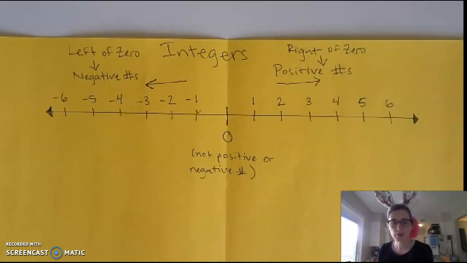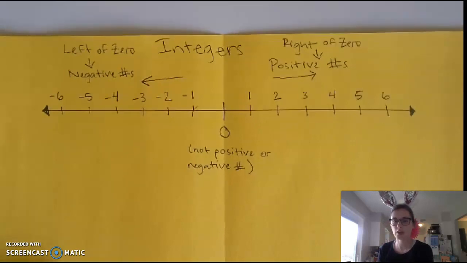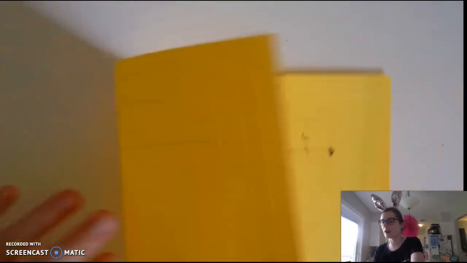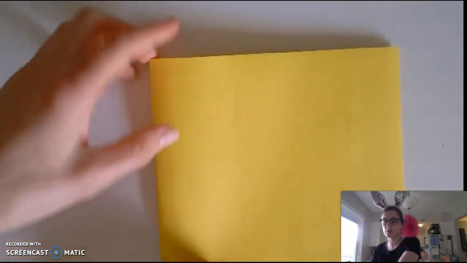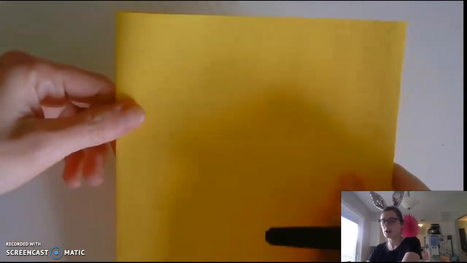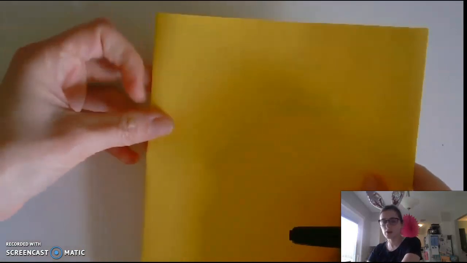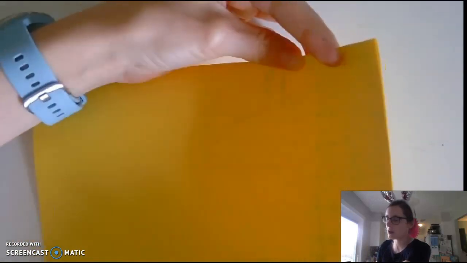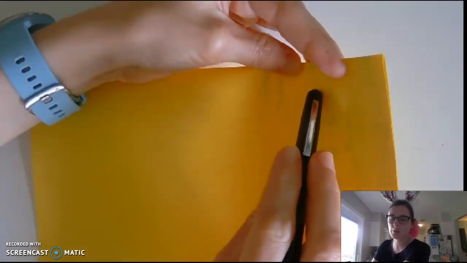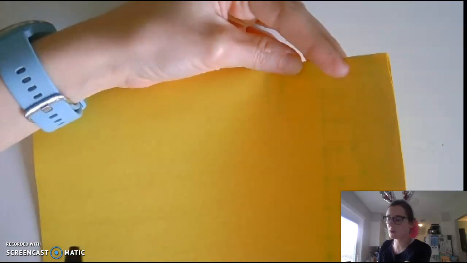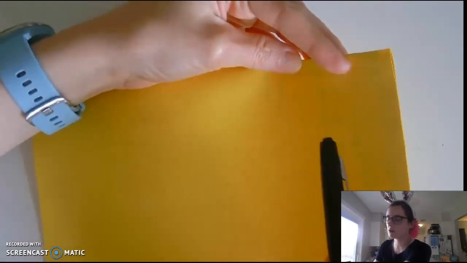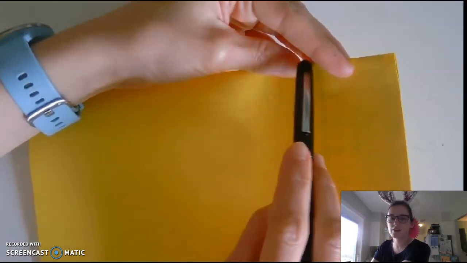Okay, last thing I'm going to point out is how you know you have your number line set up correctly. If you fold this in half, and this is going to be hard to do because you can't see through mine, but if I hold this up to a window, you can kind of see it. I should be able to see through here that my -1 and +1 are almost on top of each other. My -2 and +2 are on top of each other. So there's that mirror image.